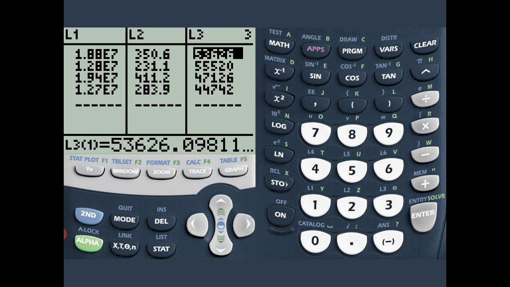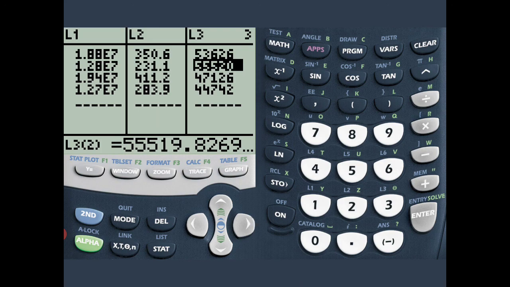Then I'm going to press enter. That will list out all of the data, where I am taking the population and dividing it by the population density. What results is the data for the square miles of the various states.